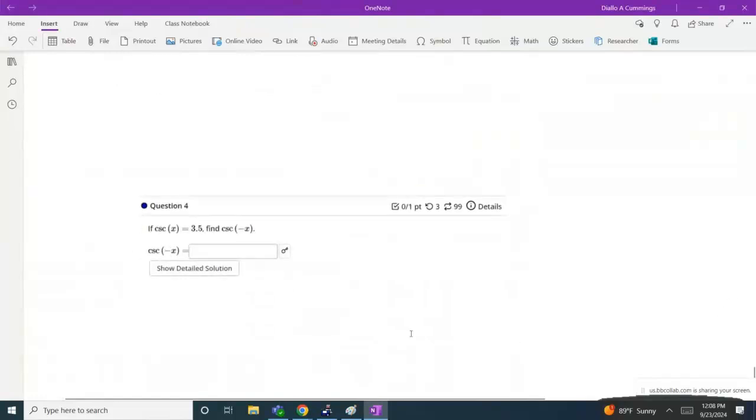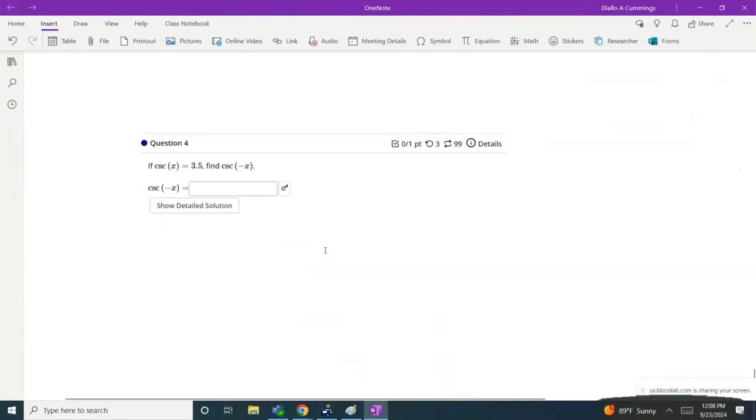All right, so I'm going to write down the formula for the cosecant of negative x. The cosecant of negative x is equal to negative times the cosecant of x. And they give us that the cosecant of x is 3.5.